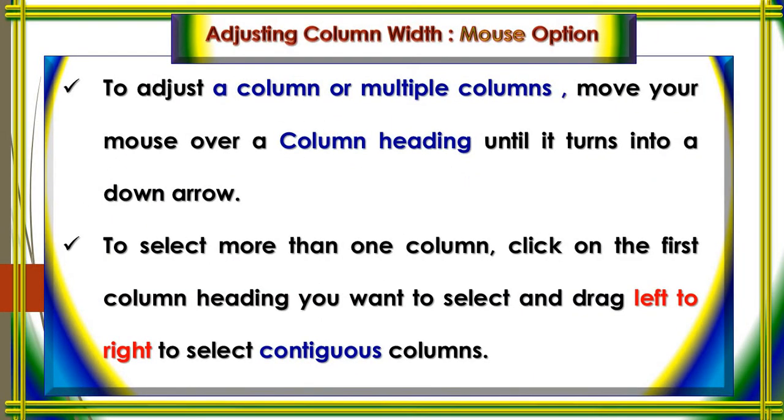To adjust a column or multiple columns using mouse option, move your mouse over a column heading until it turns into a down arrow. To select more than one column, click on the first column heading you want to select and drag left to right to select contiguous columns.